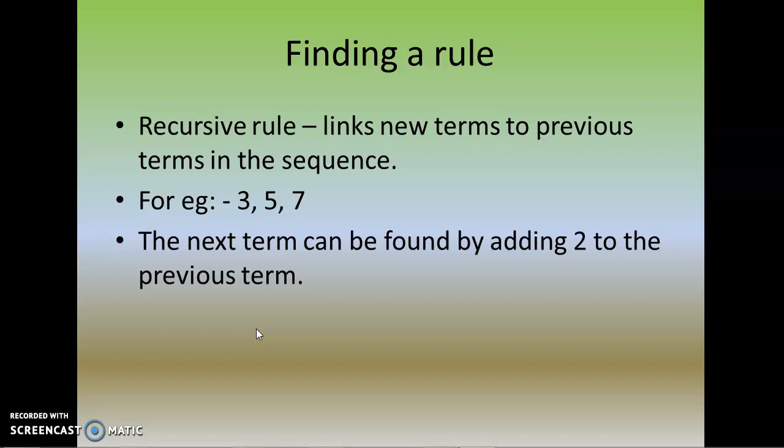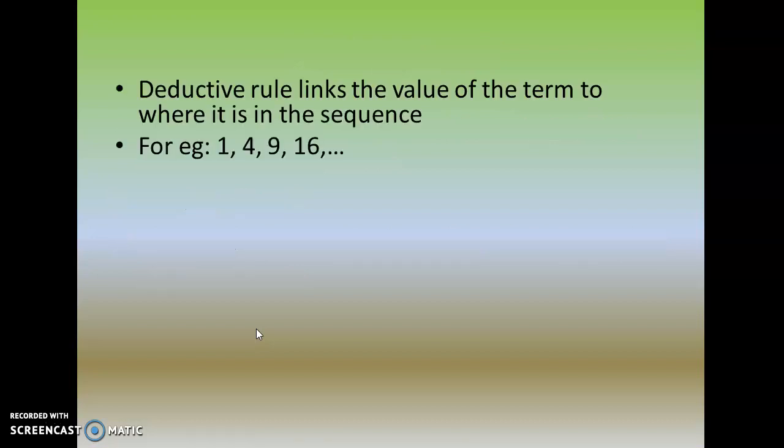Now coming to the next kind of rule that we can also look at. So the next rule is called a deductive rule. Now the deductive rule links the value of the term to where it is in the sequence. So when we are looking at the deductive rule, it is looking at the position at which the term of the sequence is in.